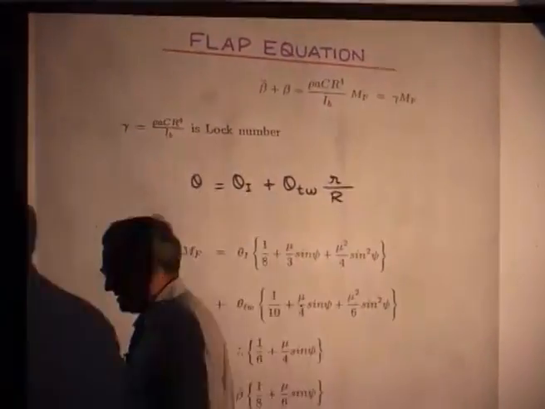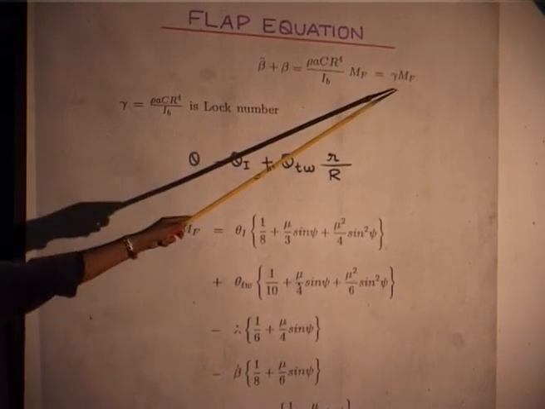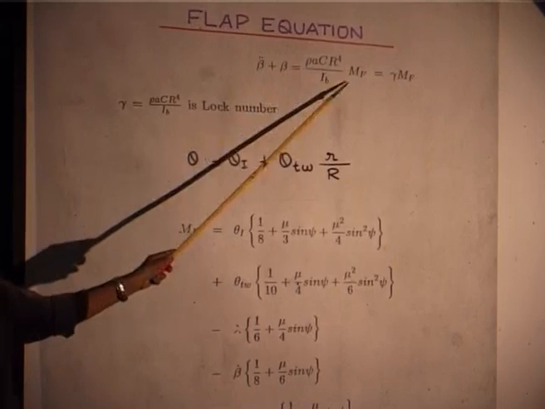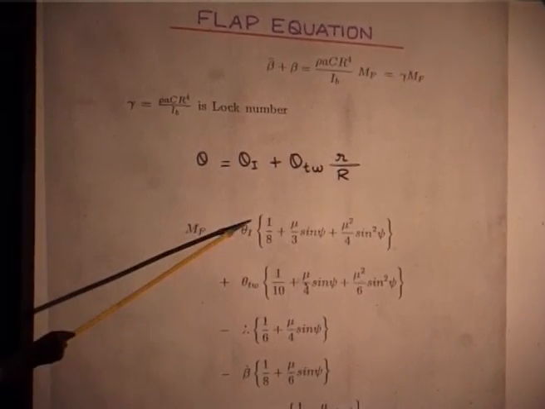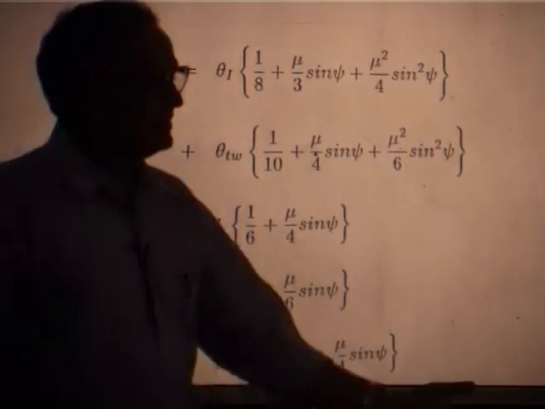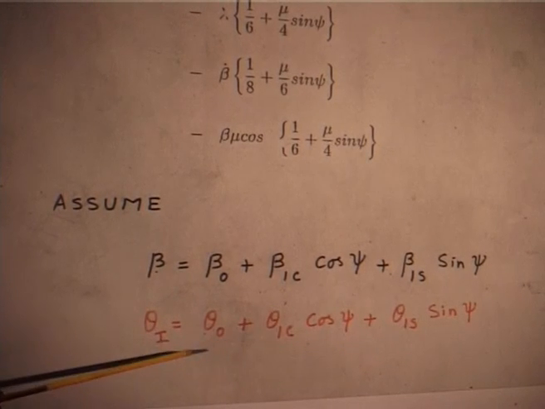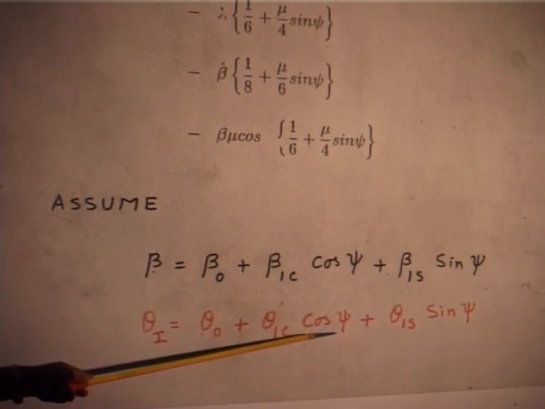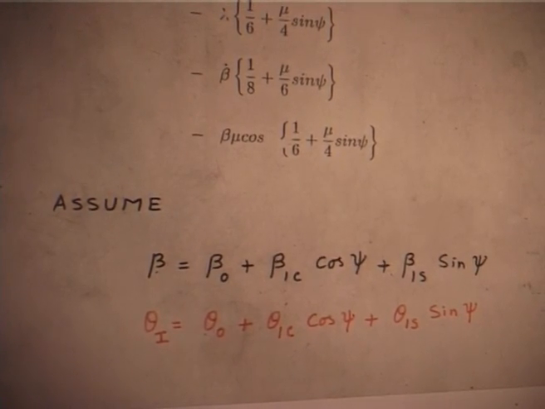See, this is my equation of motion, okay, and M_F I have written below, that moment due to flap, and of course Lock number is here, input is theta I, okay, theta I is shown as theta naught plus theta 1c cos psi plus theta 1s sin psi, okay. This is a non-dimensional time.